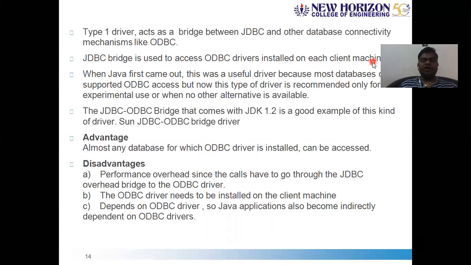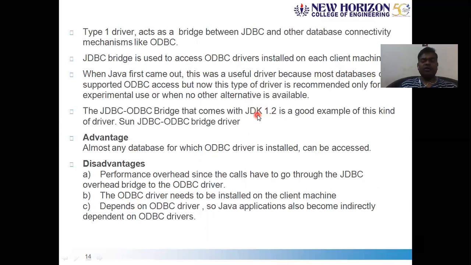Here, if you are connecting to four database servers for your application, you should be able to identify those drivers only through the ODBC drivers. When Java was released for the first time with JDK 1.2, this ODBC bridge was released.